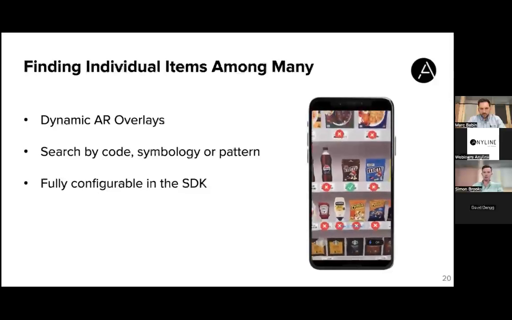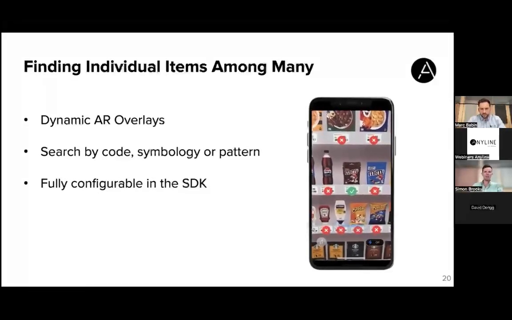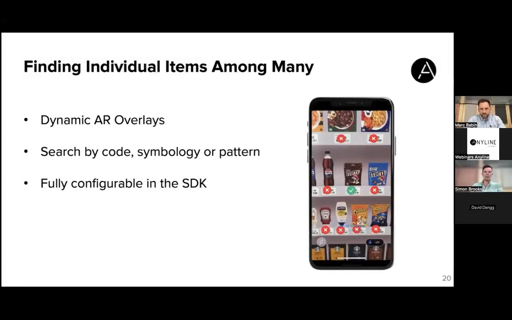We have an overlay that tells us that's the correct barcode, it's been found, and that every other barcode that's not according to that value on the screen is highlighted here with a cross. Again, fully configurable in the SDK.